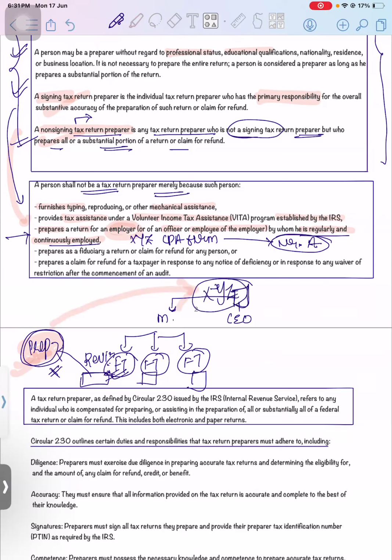Or for the officer, meaning his manager, or the employee of the employer. Employee of the employer means the manager. Who is the manager? The employee of your employer, right? By whom he is regularly and continuously employed. Got it, Somil? Ankit, no worries, you can ask at the end. That's fine.